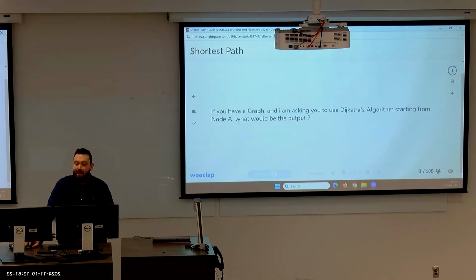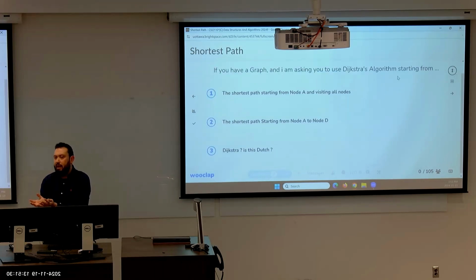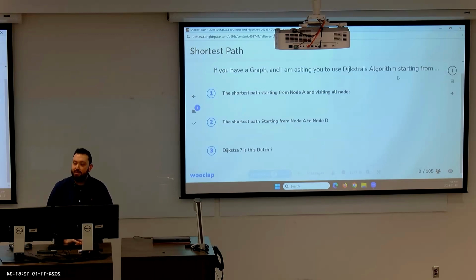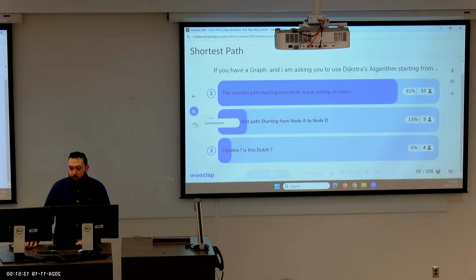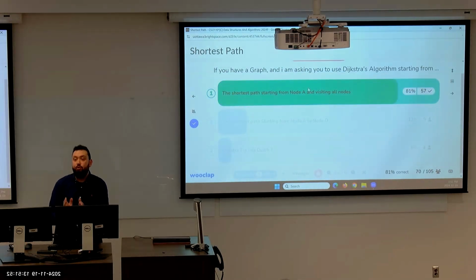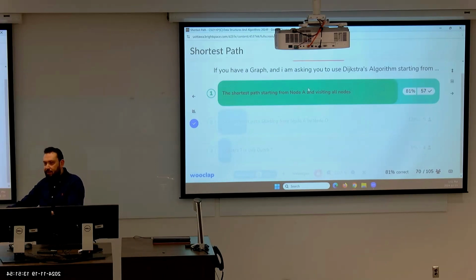If you have a graph and I'm asking you to use Dijkstra algorithm starting from node A, what would be the output? So I'm telling you, I'm giving you node A. What would be the output? What is Dijkstra used for? Of course, the first one, unless I give you A and D or A and C or A and whatever.